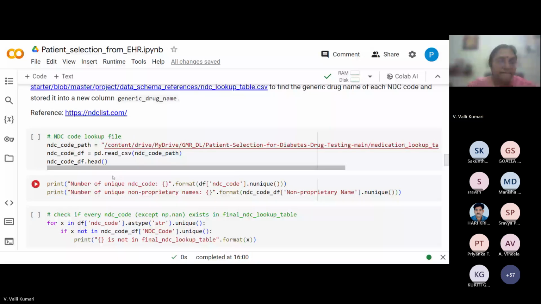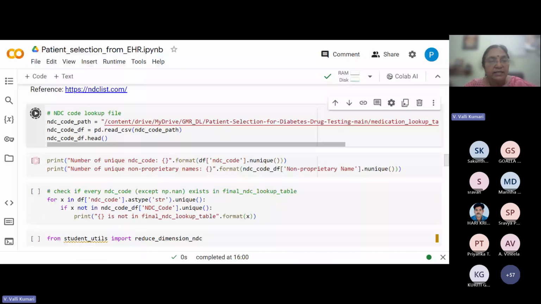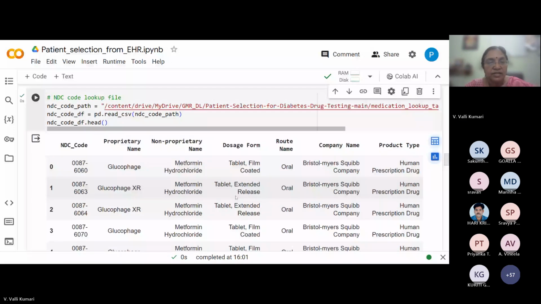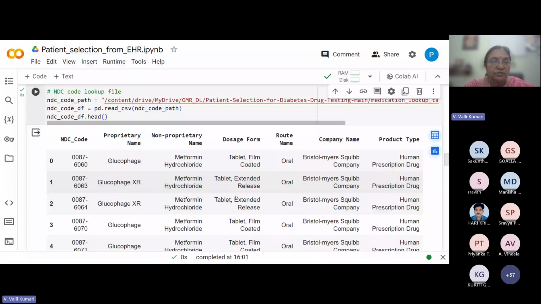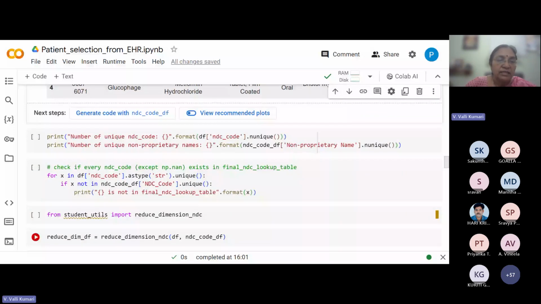This is run. So these are the NDC codes, okay, drug-related codes. This is all from EHR data. Okay, dosage form, oral or through injection, tablet, and all those. And the IDs, of course.